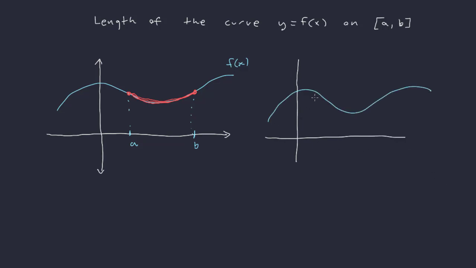so if we have a function here, what we do is we split this region A to B into a bunch of smaller pieces, right? And we make sure they all have the same delta x size. They don't have to, it just makes everything easier.